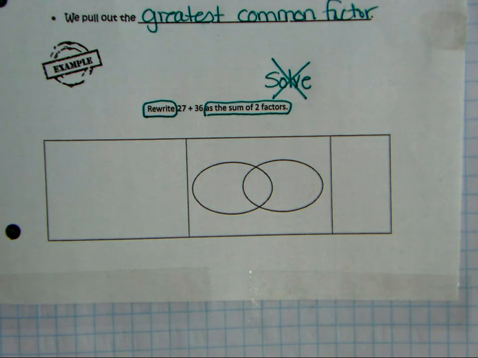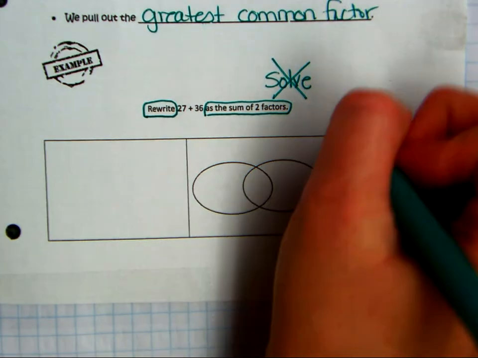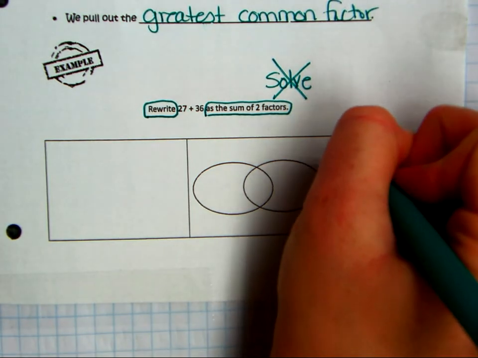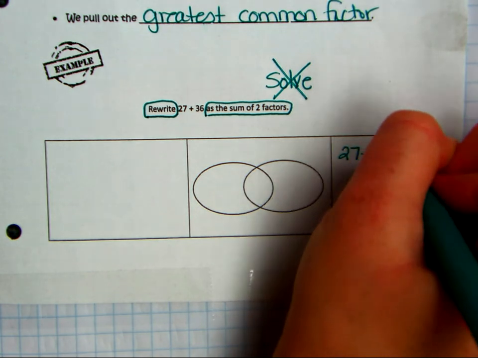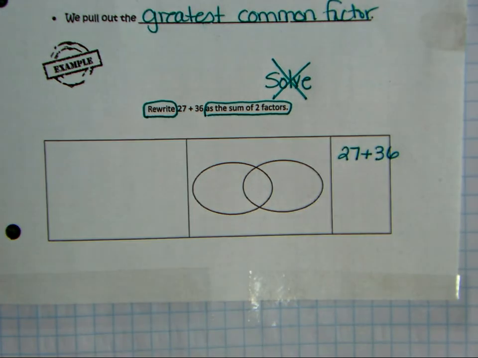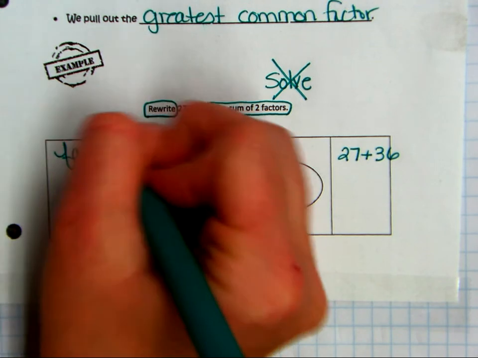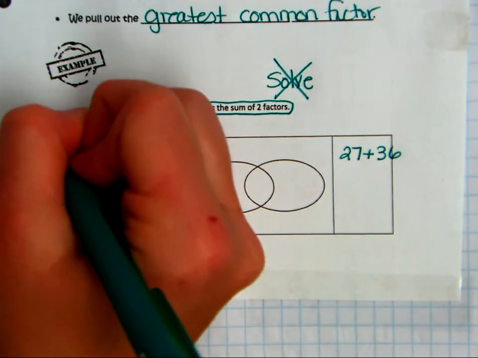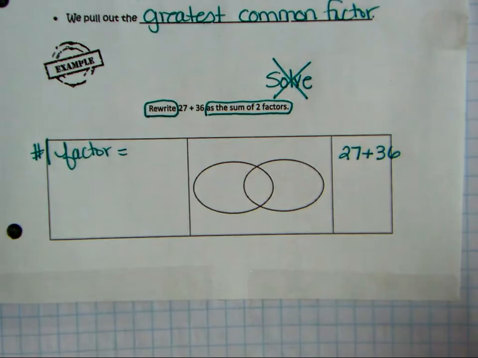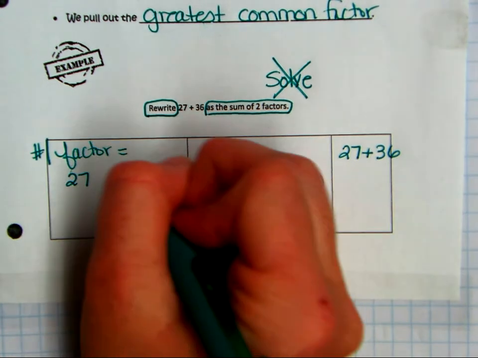All right, so the first thing we're going to do is we're going to find the greatest common factor between our two numbers, okay? Because we're going to rewrite 27 plus 36. So before we can do that, we're going to factor. So first thing, number one, factor. So 27, 36.